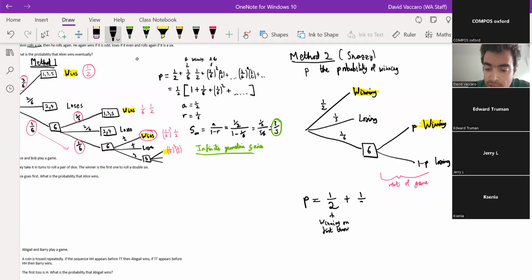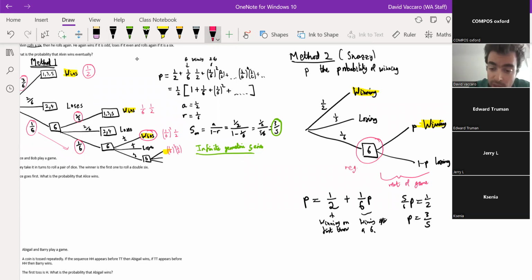Plus 1/6, and then it's as if the game has begun again, times P, the probability of winning from that point after the game has begun again. So this is the probability of winning after an initial 6. Okay, and what we can see is we now get 5/6 P is equal to 1/2, and so again P is equal to 3/5.